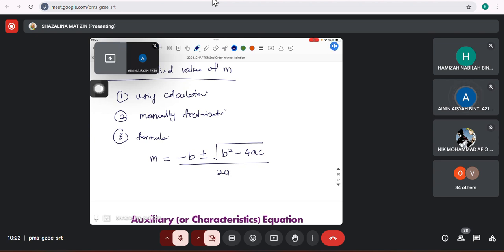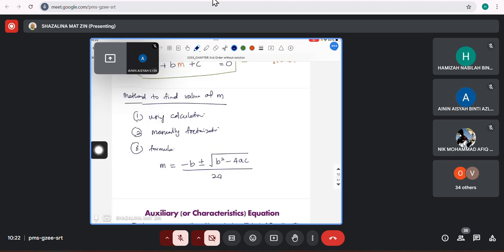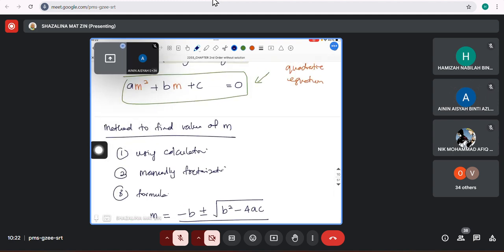Okay, so we have three methods of finding the value of m: calculator, manual factorization and formula. Just now I said, in order to find the solution of the homogeneous equation, we need to solve this auxiliary equation, characteristic equation or quadratic equation.